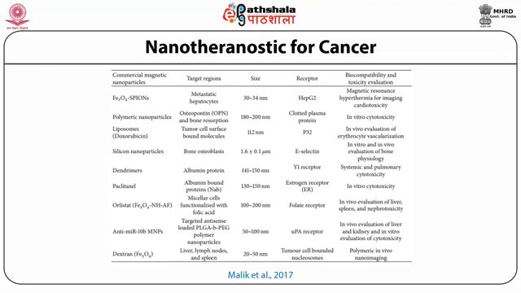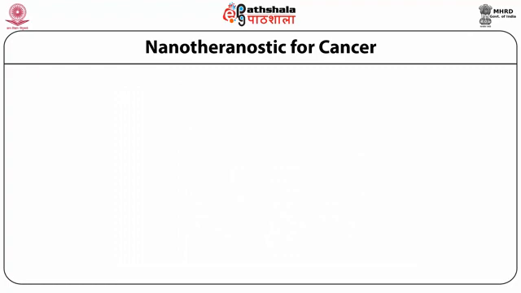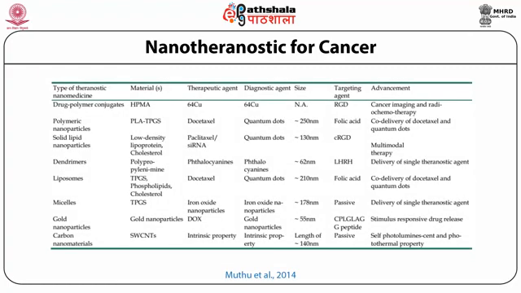In the last column you can see biocompatibility and toxicity evaluations. In the first one, a magnetic response was observed and hyperthermia was applied for imaging, and cardiotoxicity was seen. So the problem was that you need to evaluate this system systematically to minimize the chances of any toxicity.